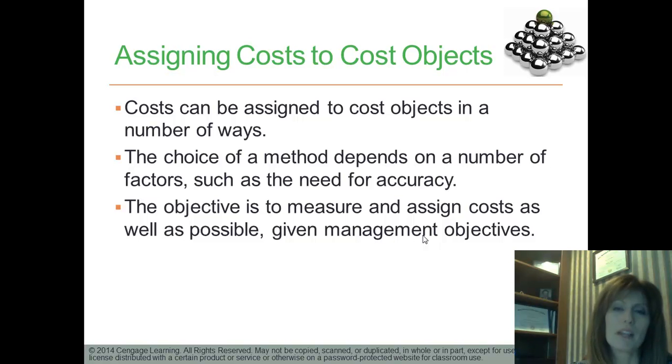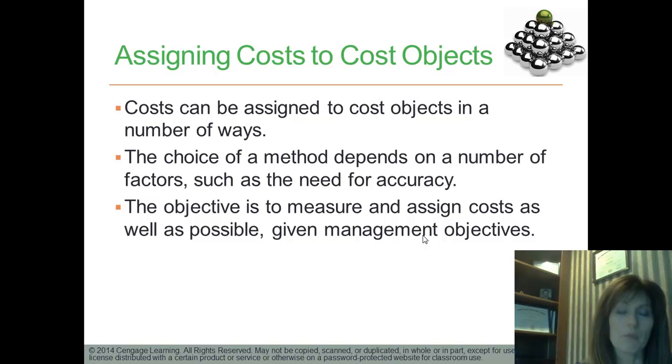So we have to be careful. Sometimes in managerial accounting, close enough is good enough, which we don't say ever in financial accounting. But in managerial accounting, sometimes speed and relevance is more important than complete accuracy in terms of dotting every I and crossing every T.